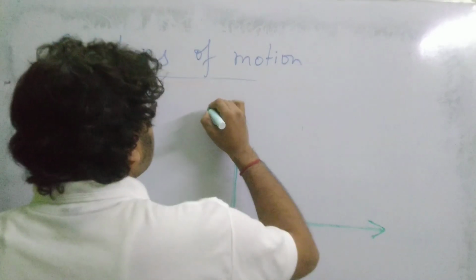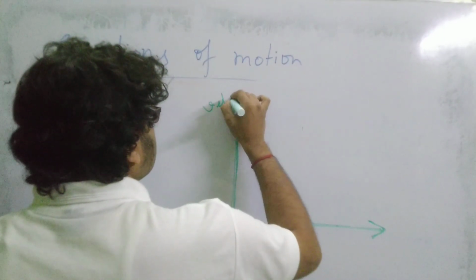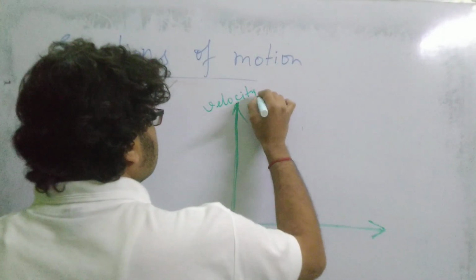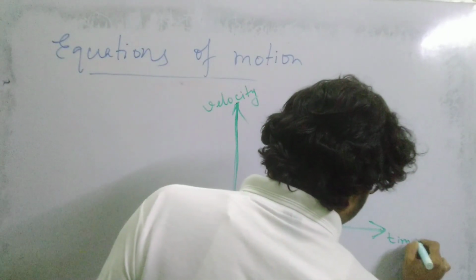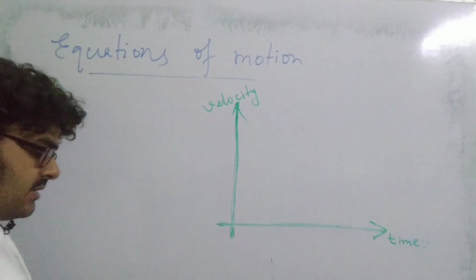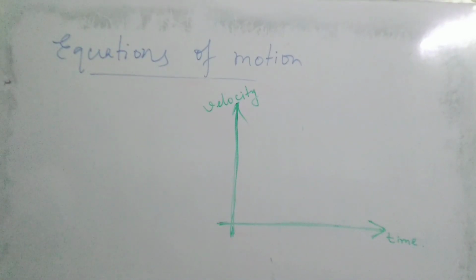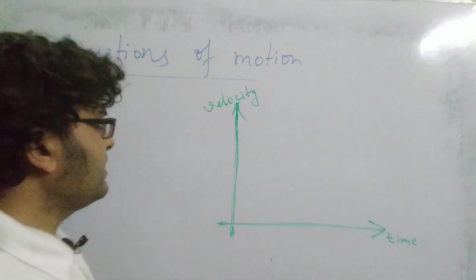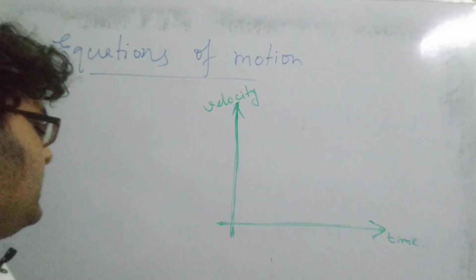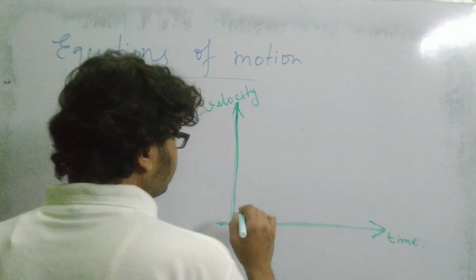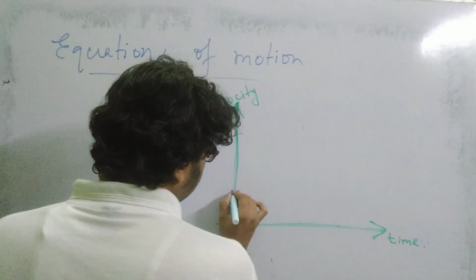On the y-axis we plot velocity, and on the x-axis we plot time. The body already has some velocity u when we start our time from t = 0. Say this is the value of velocity u.